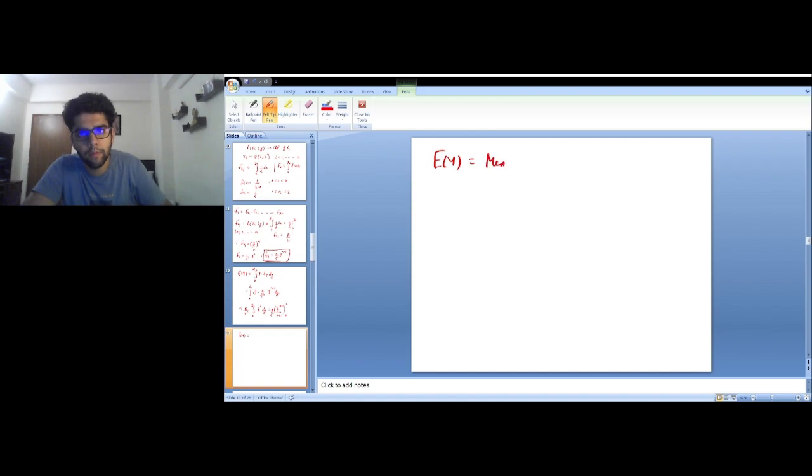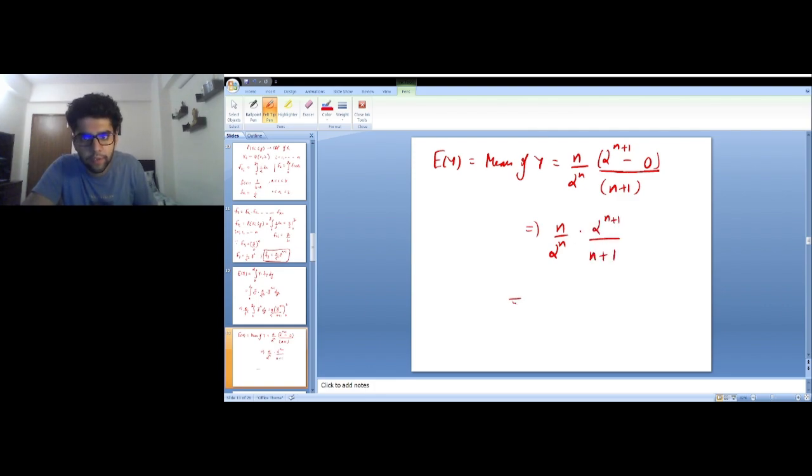The mean of y is n upon 2 to the power n into 2 to the power n plus 1, minus 0 to the power n plus 1, which is 0 only, and I have n plus 1, a constant term, in the denominator. So finally what I have is n upon 2 to the power n into 2 to the power n plus 1 divided by n plus 1.